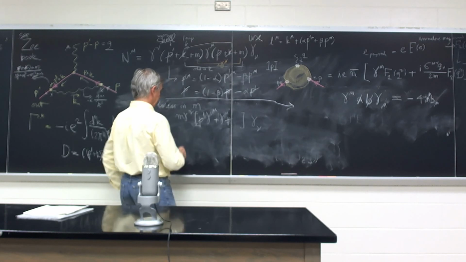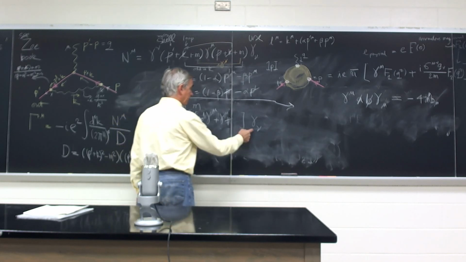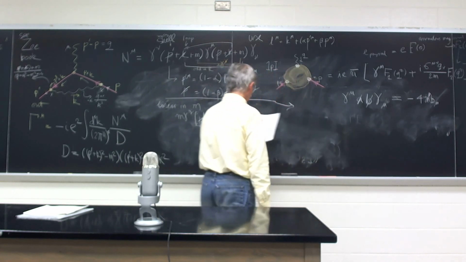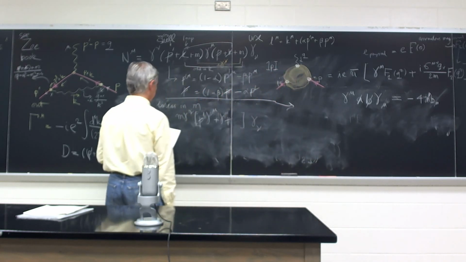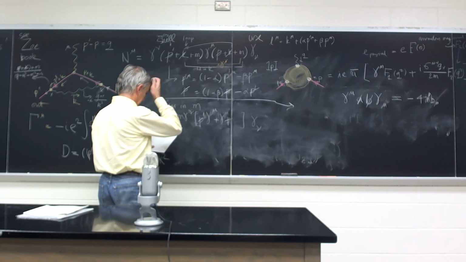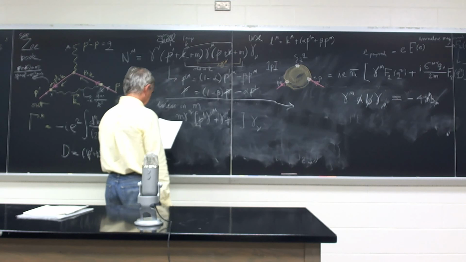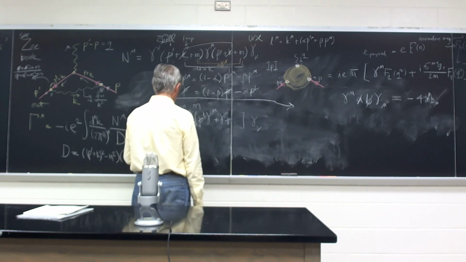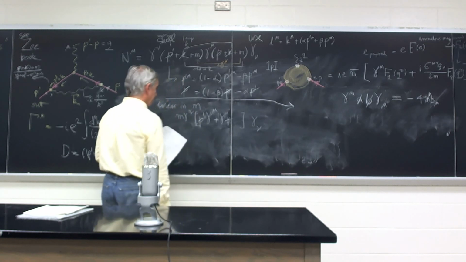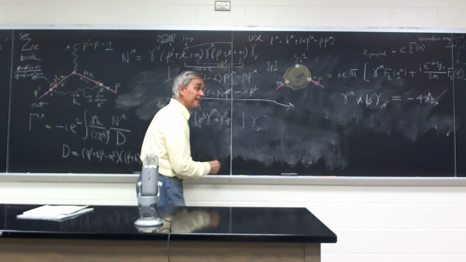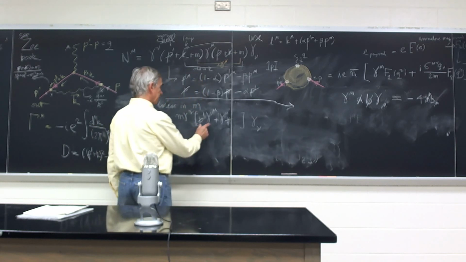So, 1, 2, 3, 4. They have 4 gamma matrices in this form, so we use this twice. And again, I don't think, can I really do honest upper?